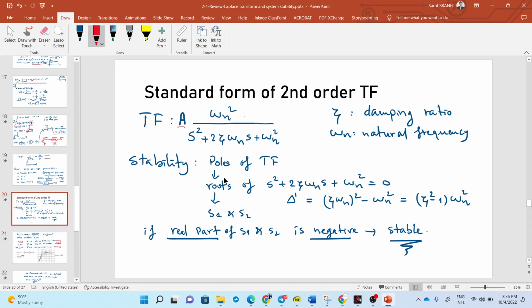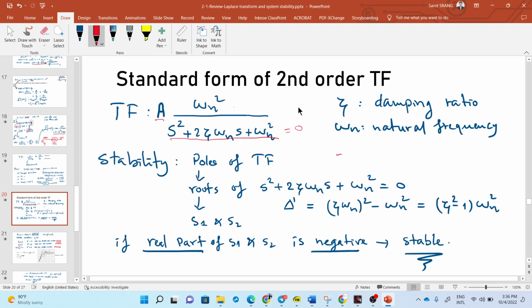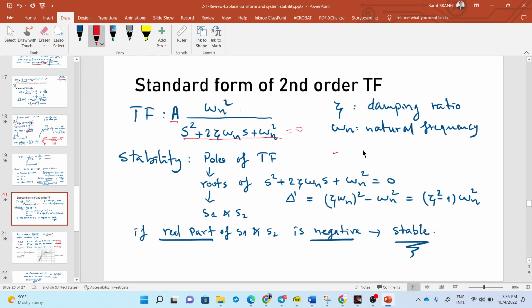So poles here mean roots of this term. If you set this to 0, this equation is just the characteristic equation.